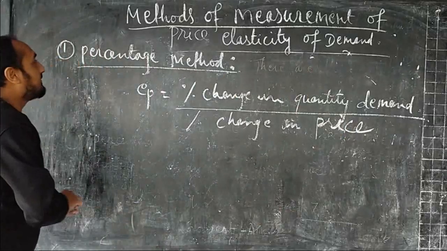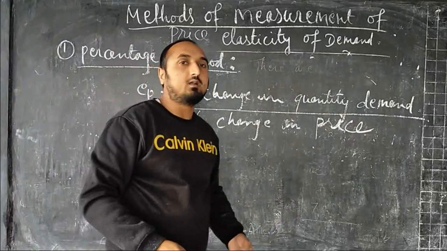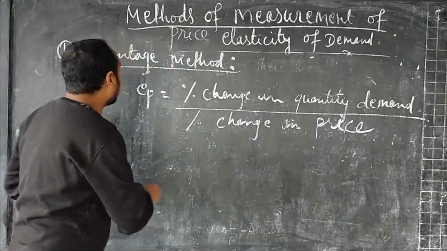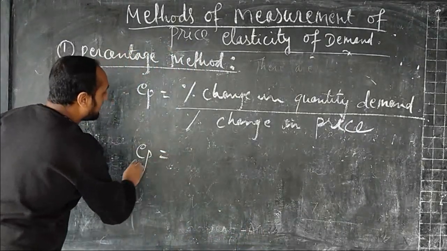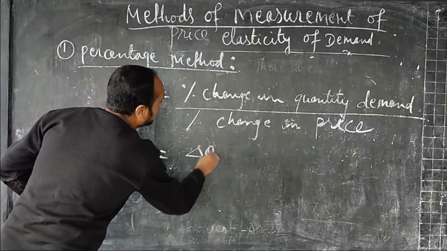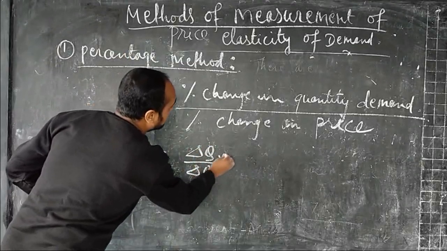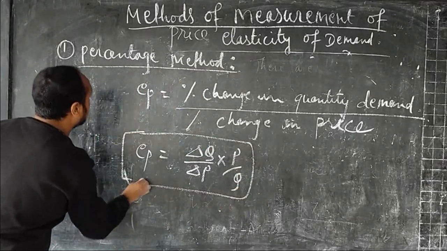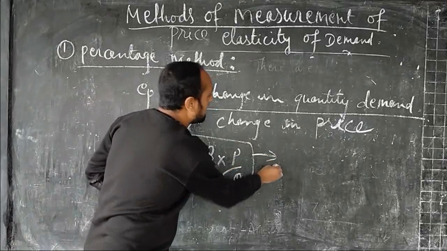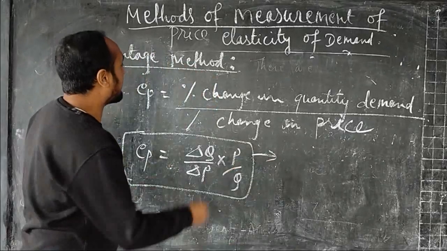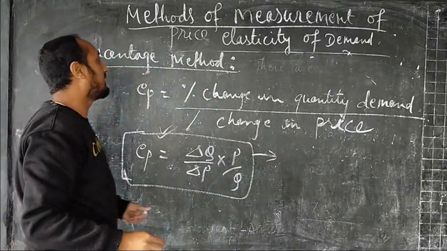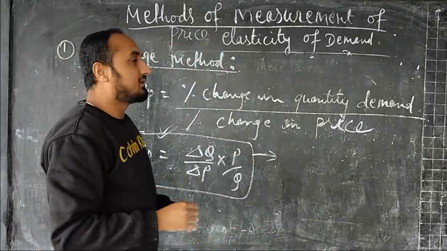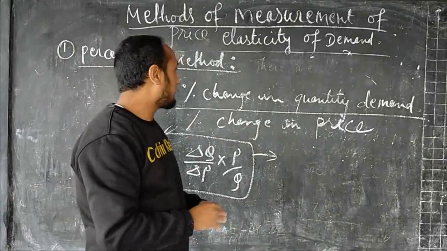So this derivation we have already done while doing the definition of price elasticity of demand, and we have got the formula EP equals del Q by del P into P by Q. So this portion we have already completed, so I am not going to explain the same topic again and again. I will move to the next method, that is total expenditure method.